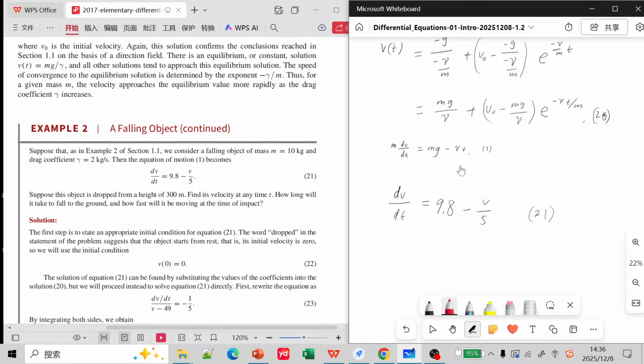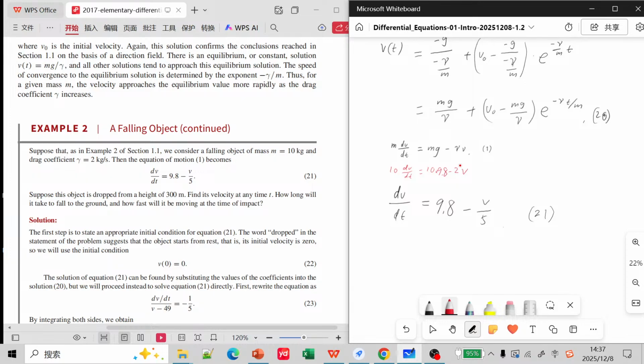Because here we say that m is equal to 10 and gamma is equal to 2, basically this will be 10 dv dt is equal to, and g is equal to 9.8, so minus 2v.